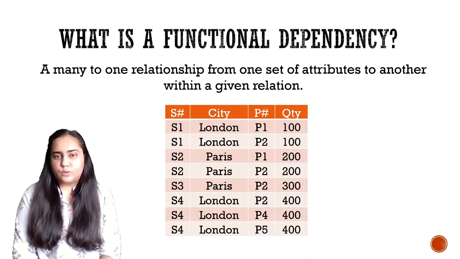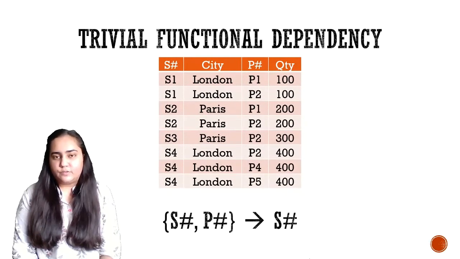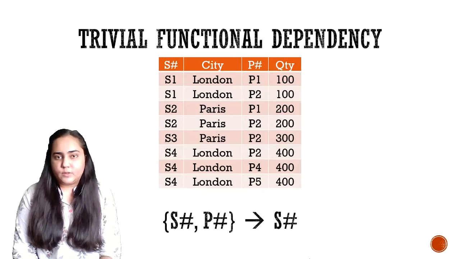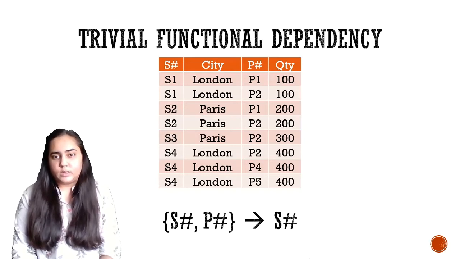Now here we are going to try to identify functional dependencies by checking if one column is having a many-to-one relationship with another column of this table. So the first type of functional dependency that I'm going to talk about is a trivial functional dependency. A trivial functional dependency is something that is existing, but it's not something that affects the table.